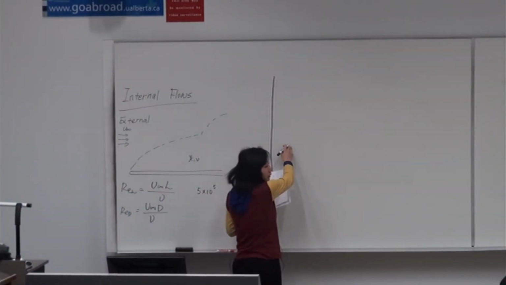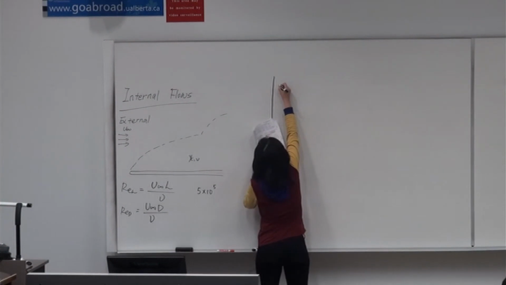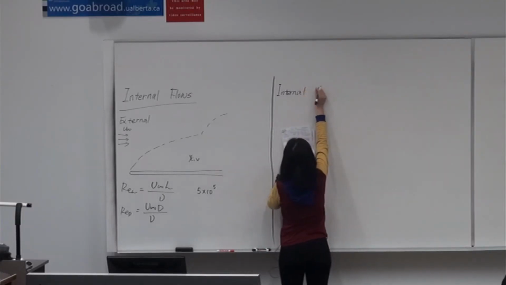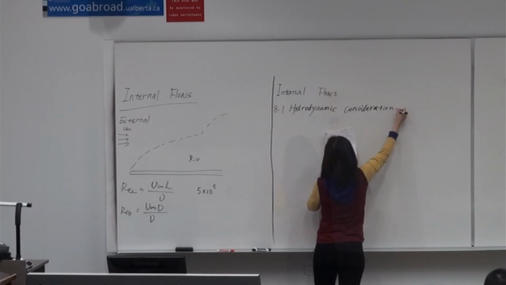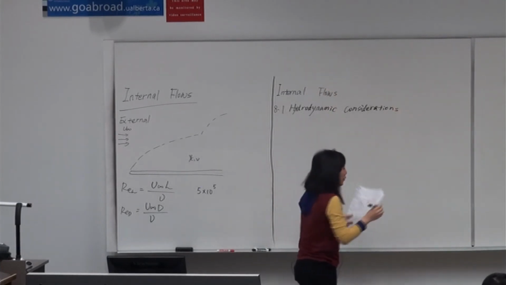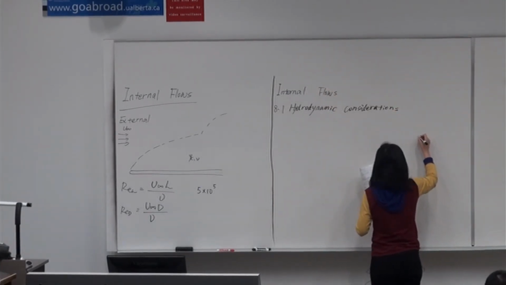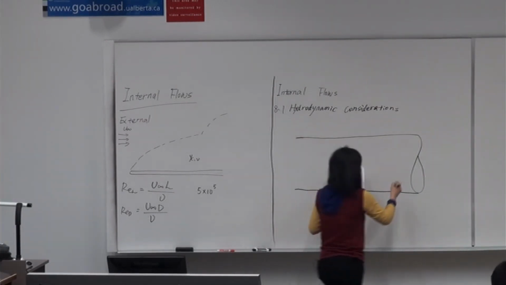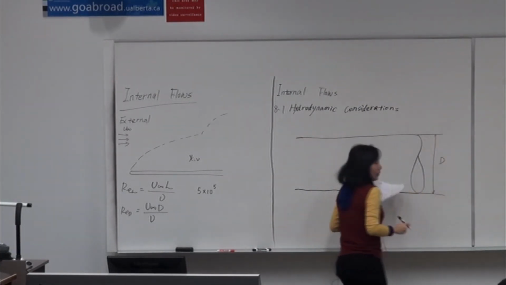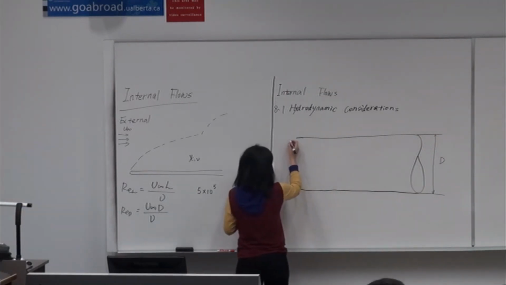But in internal flows, let's consider the hydrodynamic boundary layer first. Consider we have a pipeline here, and it has a diameter of D. The fluid comes in at the inlet.